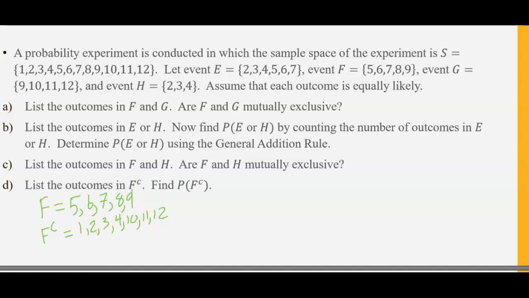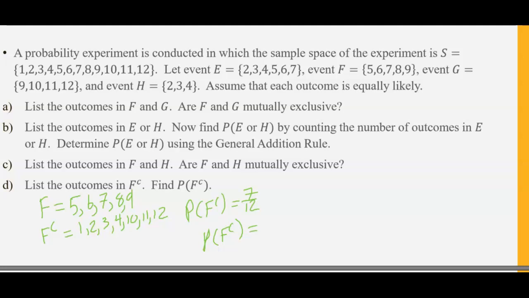To find the probability, we can do the idea of counting. That's 1, 2, 3, 4, 5, 6, 7. So the probability of F complement is equal to 7 out of 12, simply by counting. Or we can use the formula that says the probability of any complement can be found by subtracting the probability from 1.